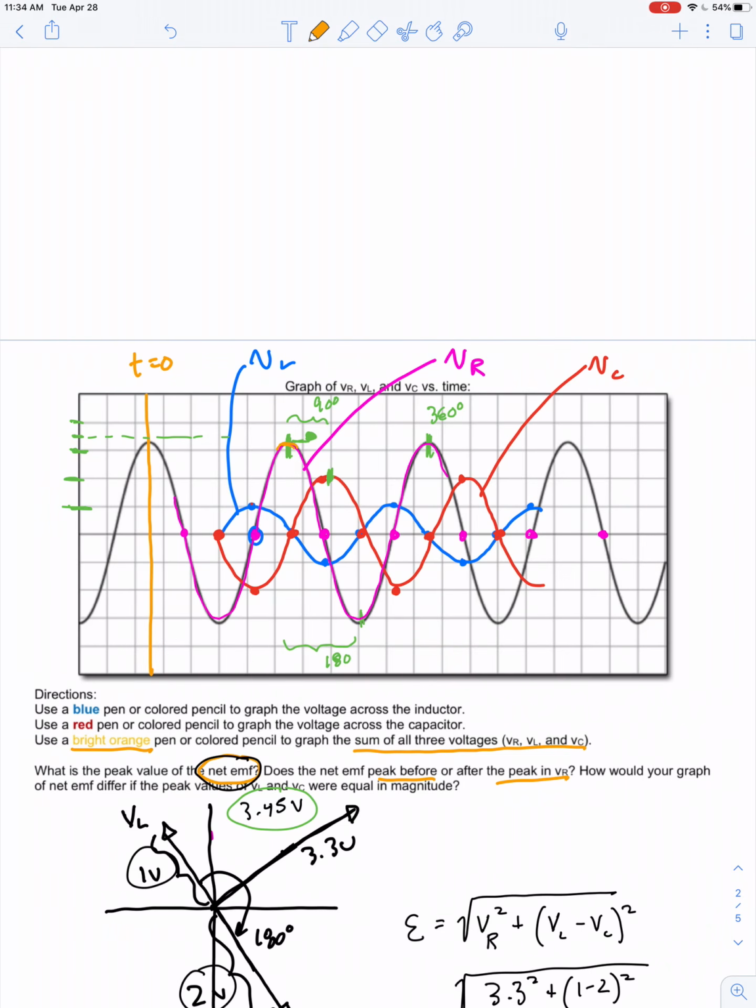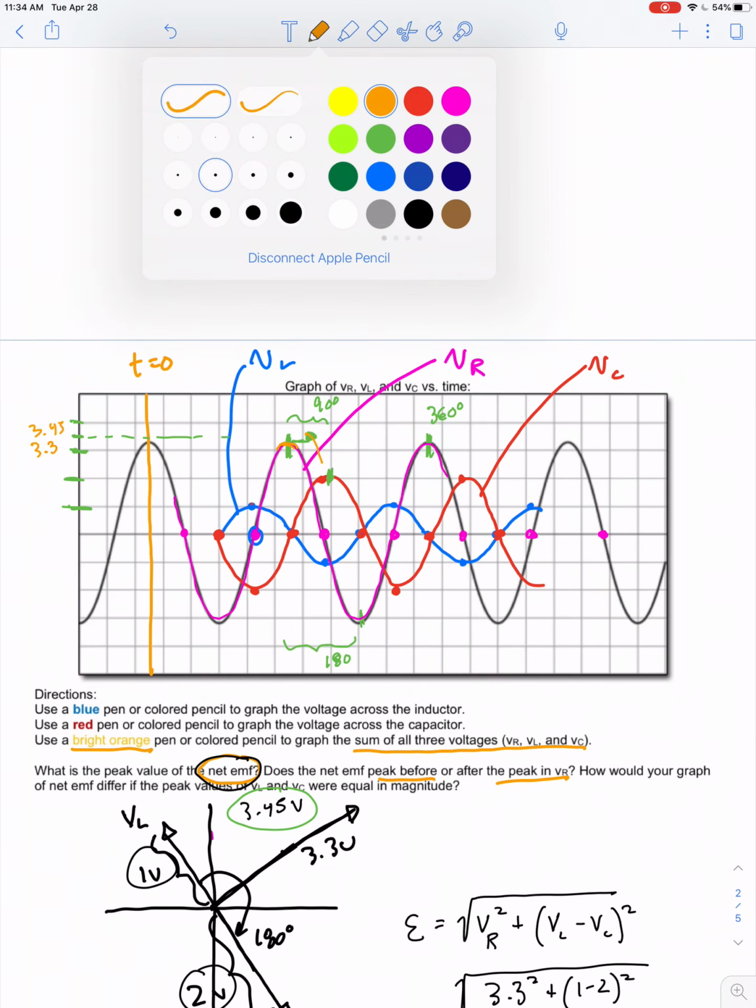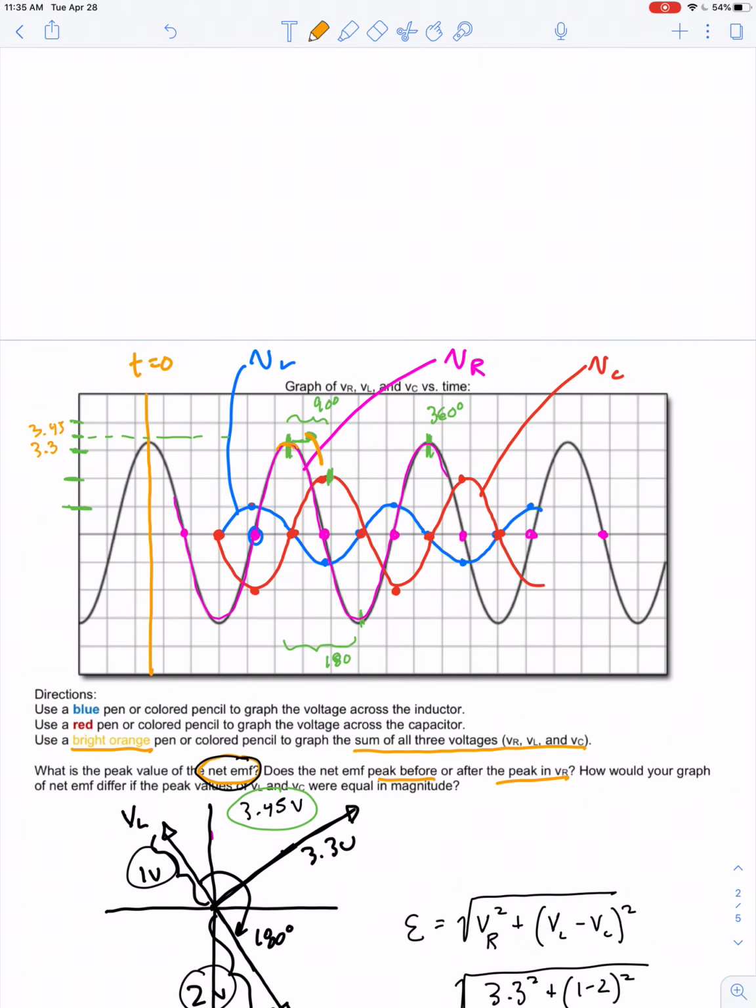Instead of 3.3 it is 3.45. So here we go. I'm going to make it a little more bold here. I would suppose a graph something along these lines represents the overall voltage of the whole load.